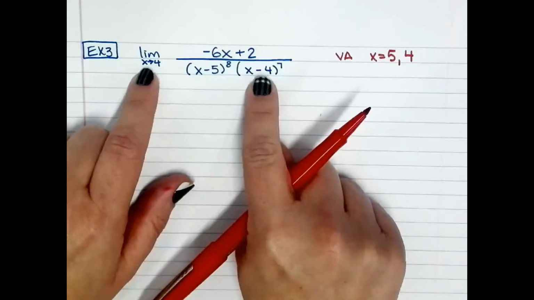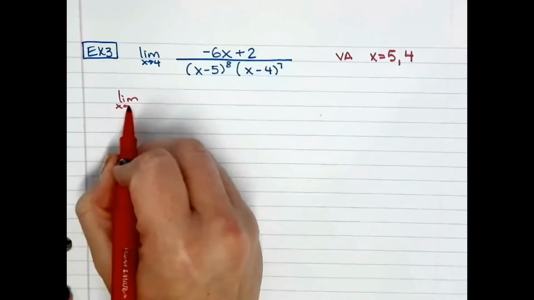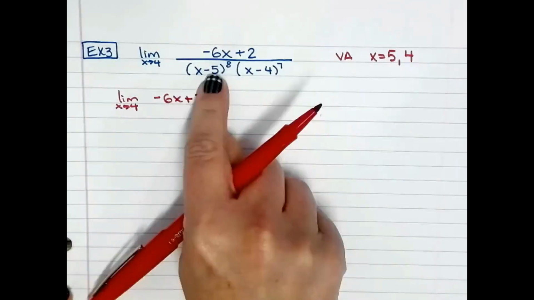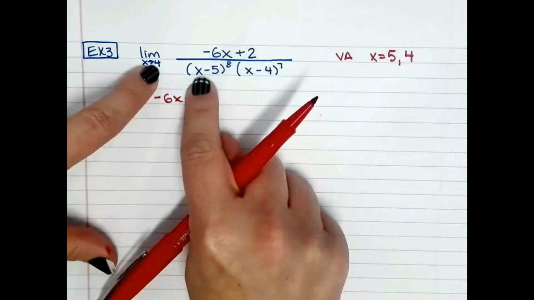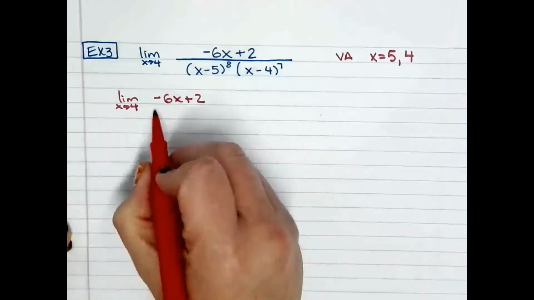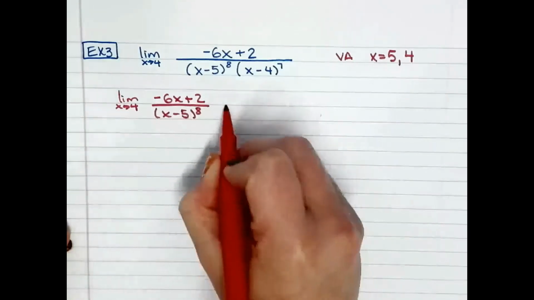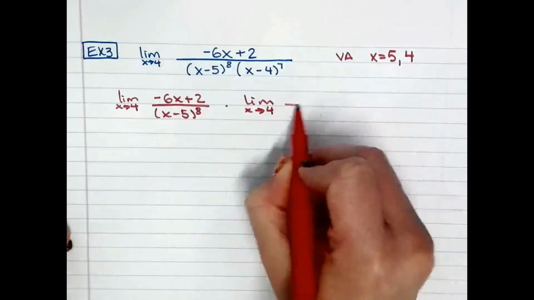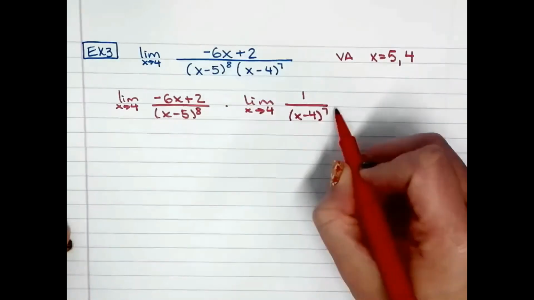That's going to determine how I'm going to split up my limit. So the limit as x approaches 4 of the numerator, and this one I'm not going to split up because I can plug in 4 right there and it doesn't give me 0. So I'm just going to leave this denominator alone with that part. And then the other limit is x approaches 4 of 1 over x minus 4 to the 7th power.